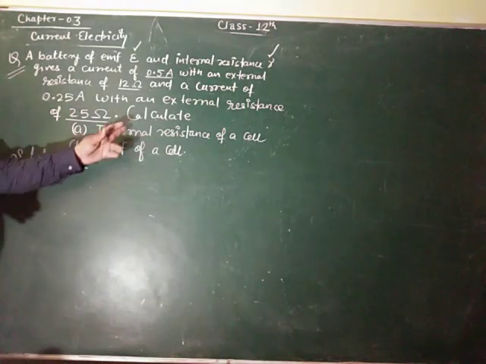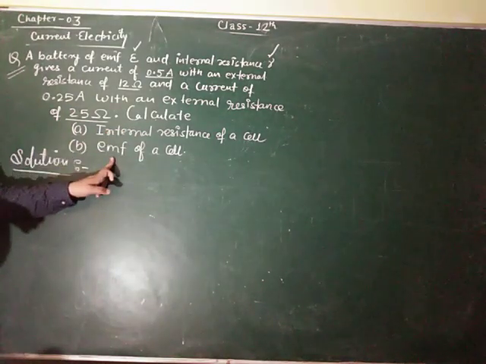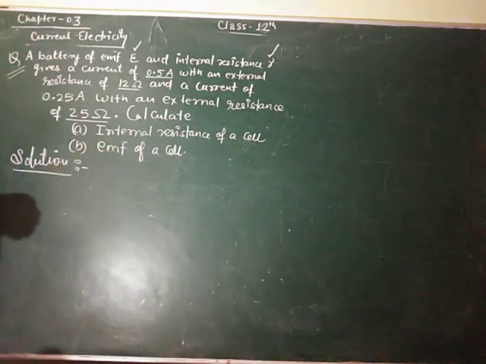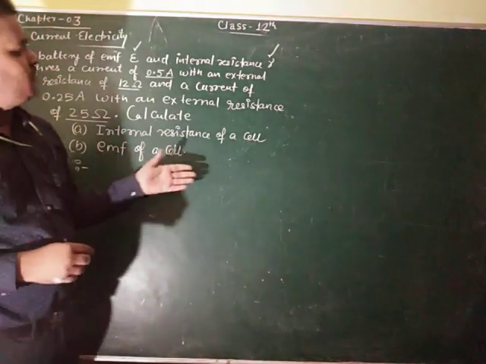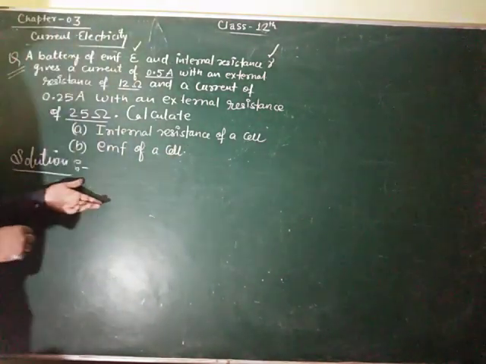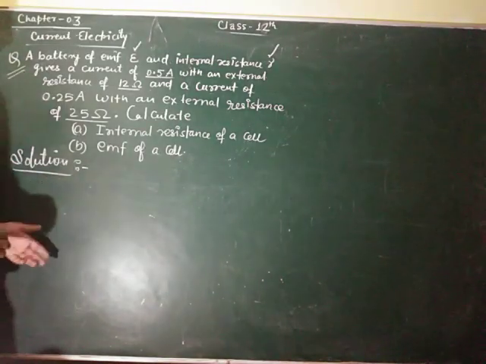So we have to calculate the internal resistance of the cell and the EMF of the cell. These two things we have to calculate. This is question number 2 from the board examination, asked in 2007 or 2 maybe.